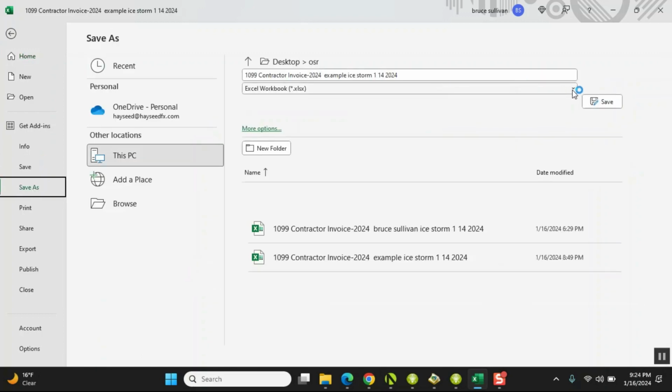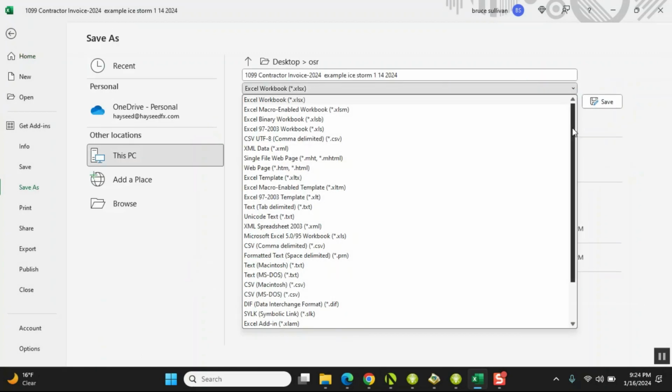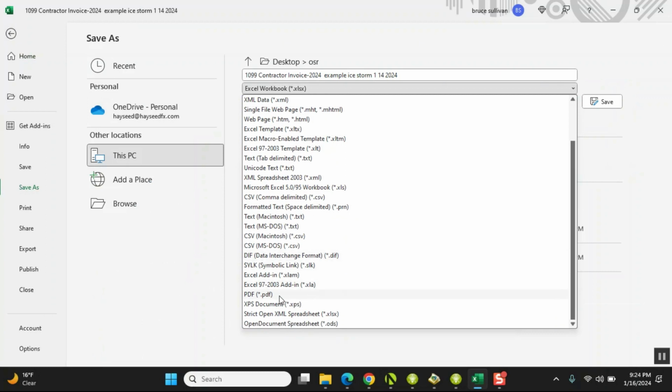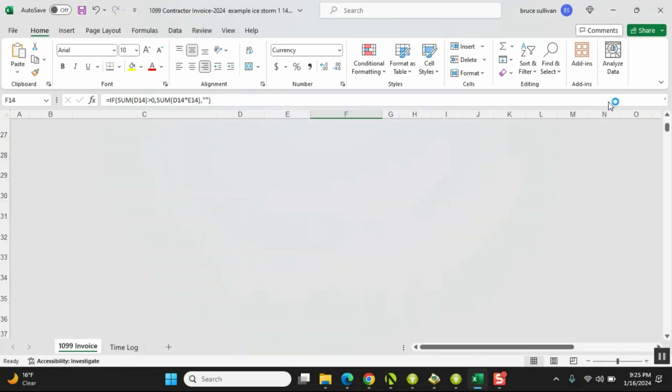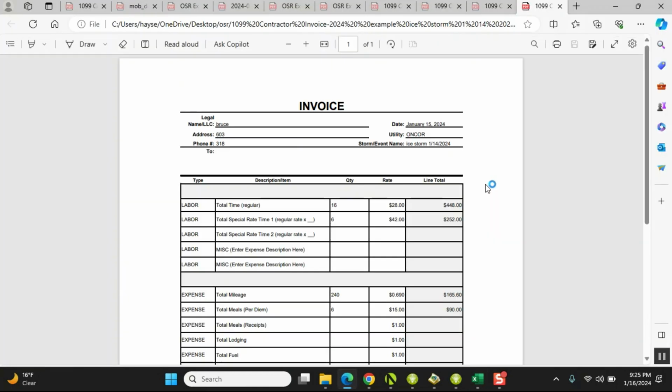I change this to PDF, which would be all the way down here at the bottom. And save. And that is what I email to those people. Not this. Actually, this is the one, isn't it? I email this sheet to that address that is not visible here and was not visible down at the bottom.